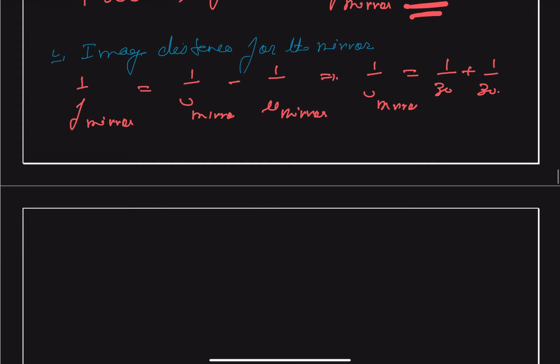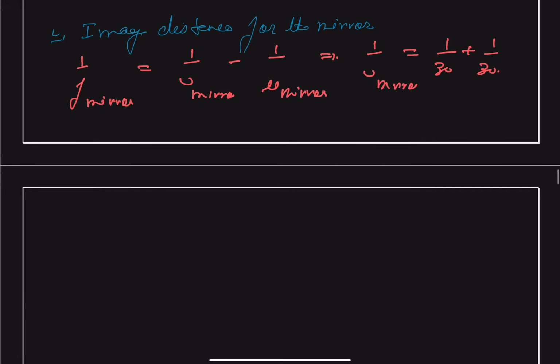So this gives us that our v mirror will be equal to 15 centimeters from the pole of the mirror.